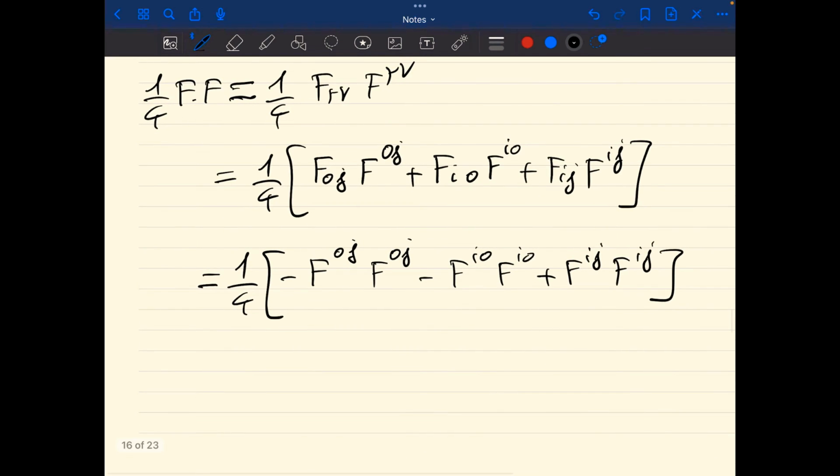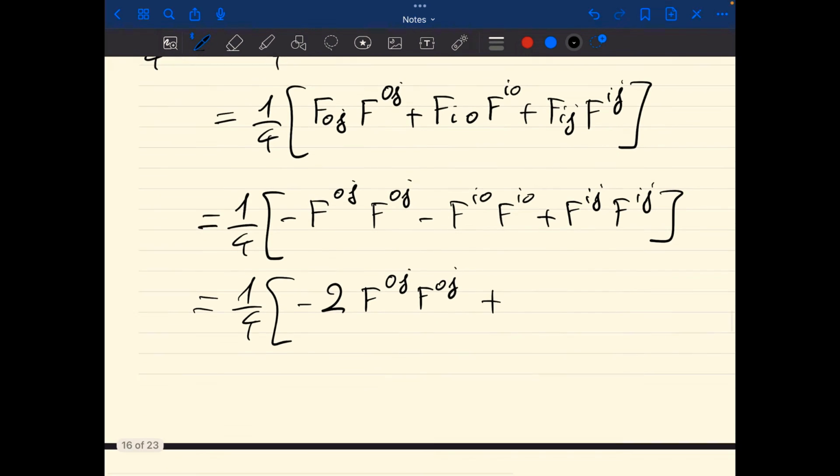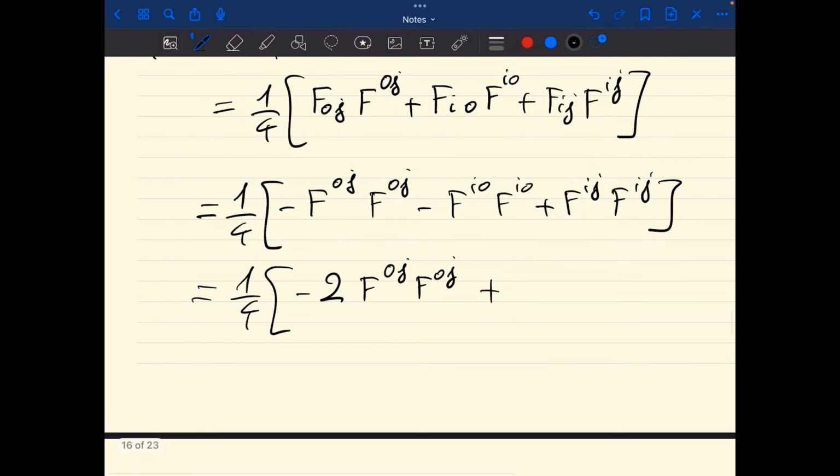The first two terms are actually equal, so that's minus 2 F^{0j}F^{0j}. And the second term is just a scalar product of magnetic fields, as we've seen before. So I can write that ε^{ijl}ε^{ijk}B^lB^k.